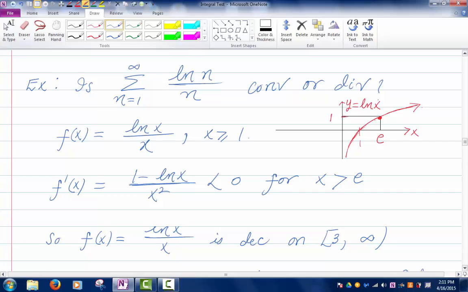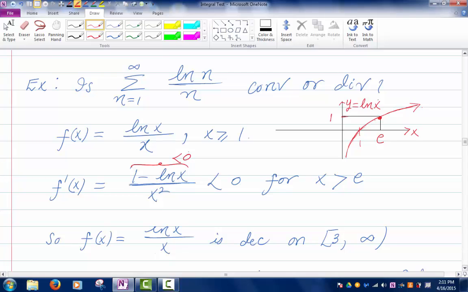So whether the derivative is negative or not depends on the numerator. Look at the numerator, 1 minus ln of x. When is this negative? Well, the numerator is negative when ln of x is bigger than 1, right? If ln of x is bigger than 1, then the numerator would be negative.